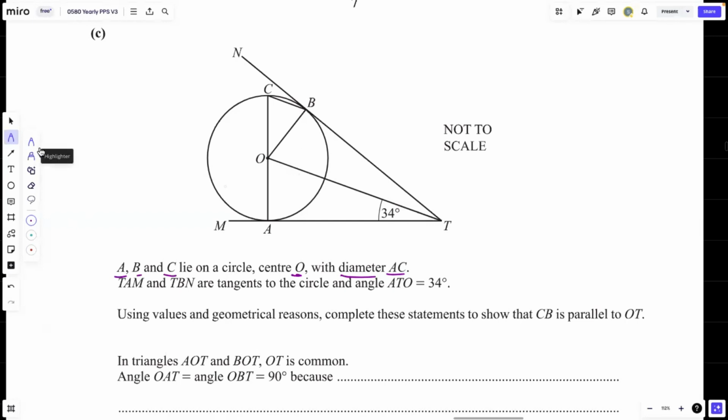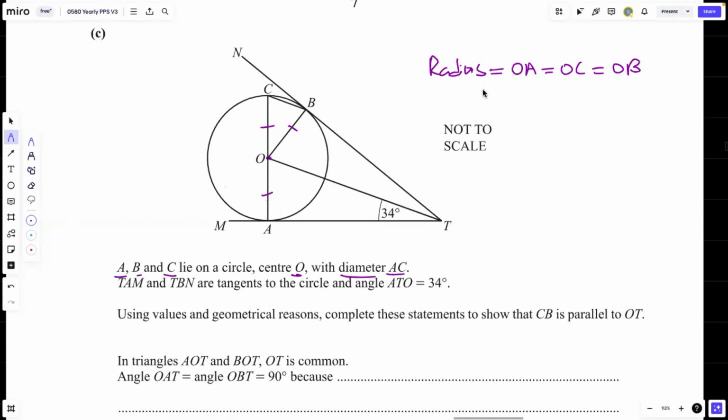And we can figure out that we have radii in this question. And all radii of a circle are the same. So using the radius method, we do know that OC, OA, and OB are all going to be the same. That's OA equals OC equals OB. They're all the same because they are all radii. And what's the definition of a radius? Any line from the center of the circle to the circumference.